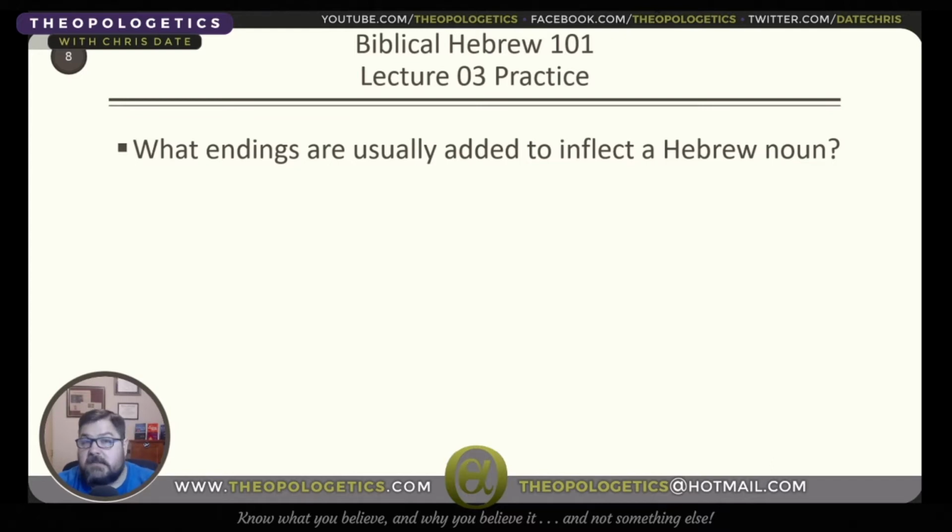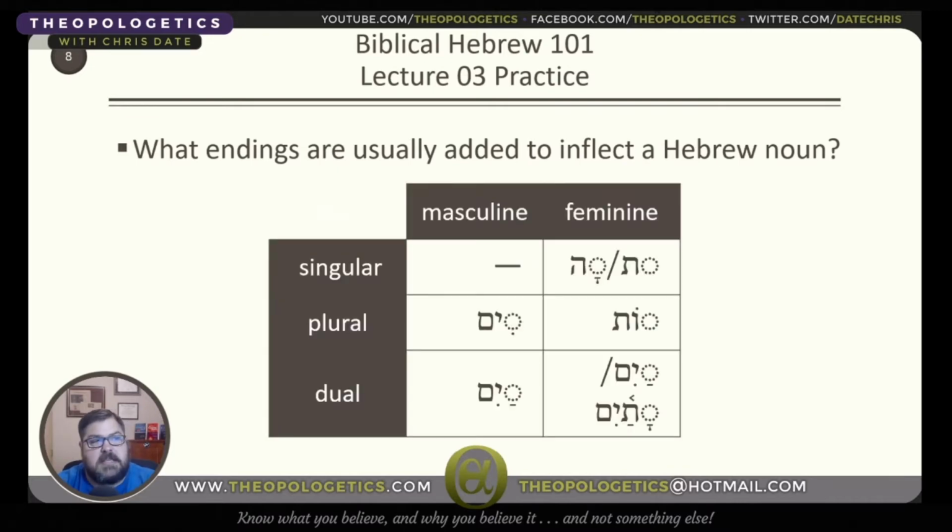So I'm going to put it up on the screen and walk through them one by one. The masculine singular has no distinctive ending. So if you pull out a sampling of masculine singular nouns out of the lexicon, you're not going to find any distinctive ending that is characteristic of masculine singular.